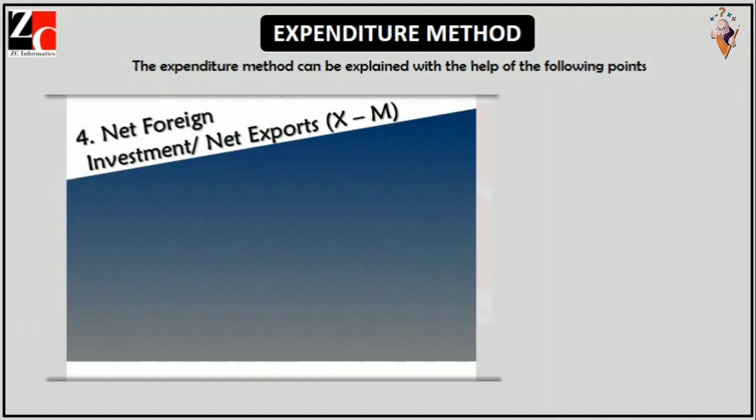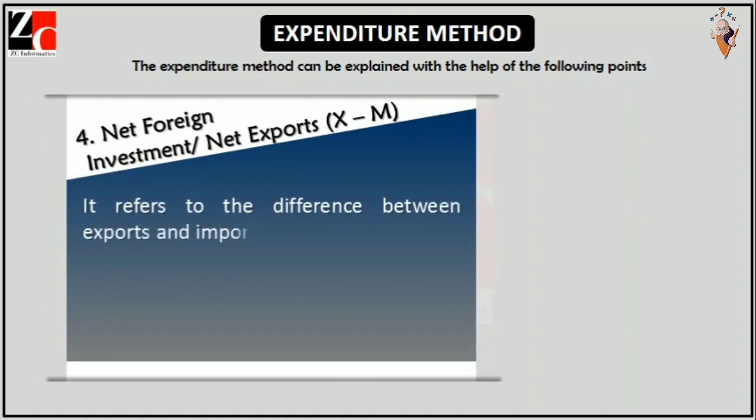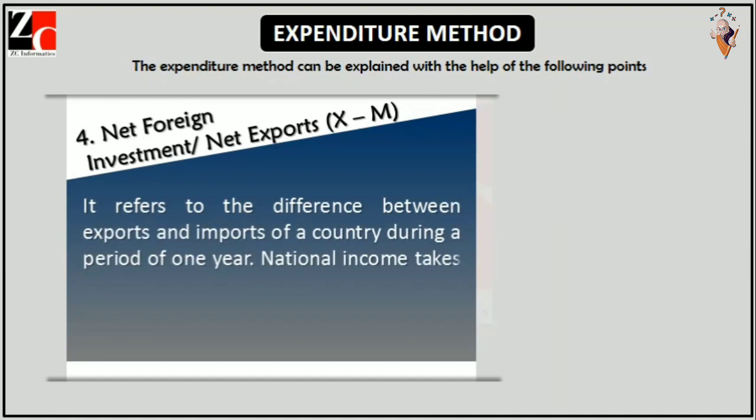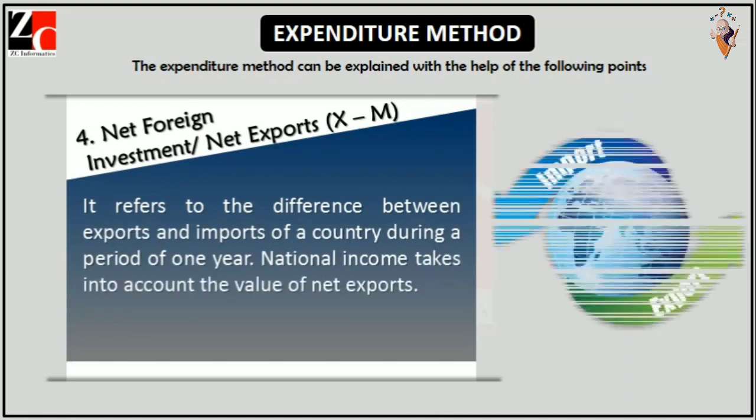Point number 4. Net foreign investment or net exports. It refers to the difference between exports and imports of a country during a period of 1 year. National income takes into account the value of net exports.